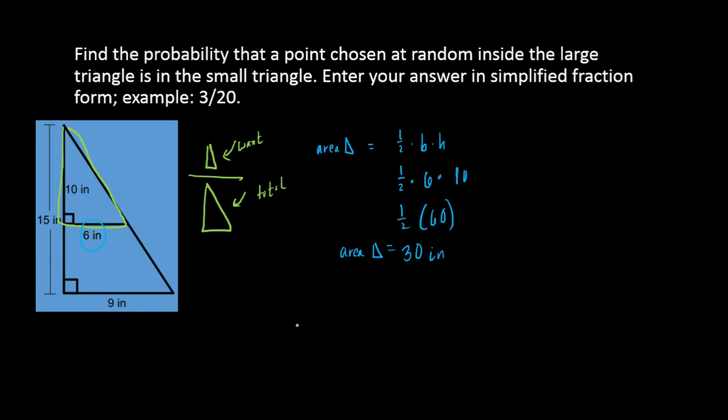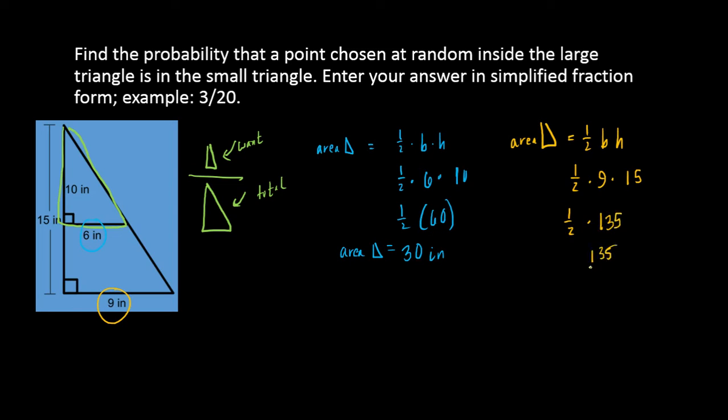The area of my larger triangle, I'll just draw a large triangle, is also 1/2 base times height. So that's 1/2 times, that base is 9 inches and the height is 15. So 1/2 of 9 times 15, and 9 times 15 is 135.